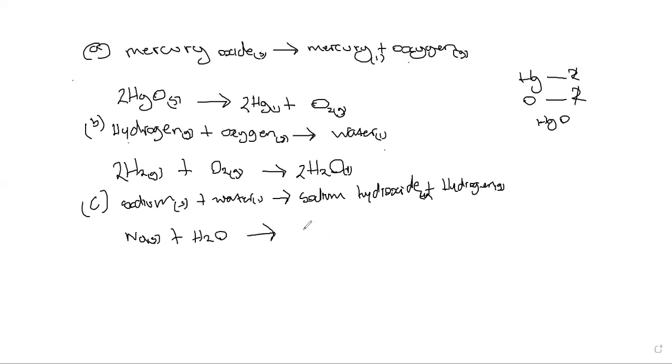Then it's going to form sodium hydroxide, aqueous, and hydrogen gas. Now you can just check if this equation is balanced. Yeah, it's not balanced. So how are we going to balance it?